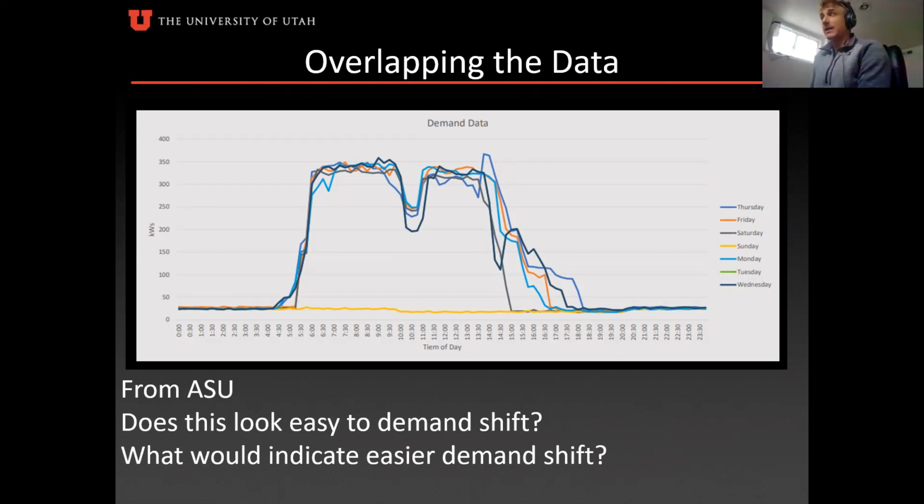If you plotted the daily power consumption or the average power consumption for a manufacturing facility for different days of the week, and there was a huge spread in what was happening, Mondays were really low and then Tuesdays were really high, that would immediately indicate that there's some sort of opportunity or some questions that need to be asked about why are you running certain things on Tuesdays and Wednesdays, or how do you select when to run different processes?